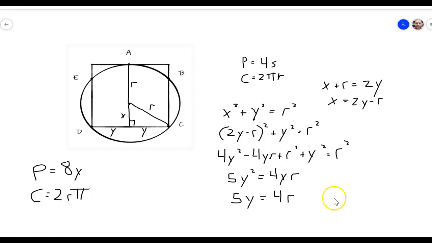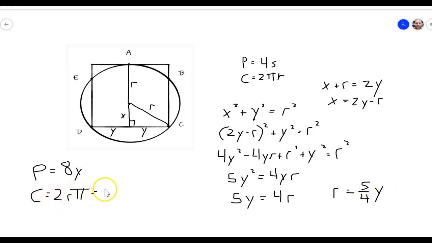So if I solve for r, I'm going to get r is equal to, divide both sides by 4, so I'm going to get 5 over 4 y. And then I can come back over here and do that substitution.